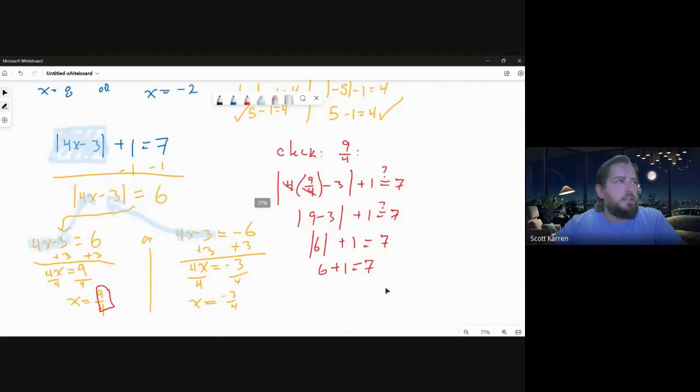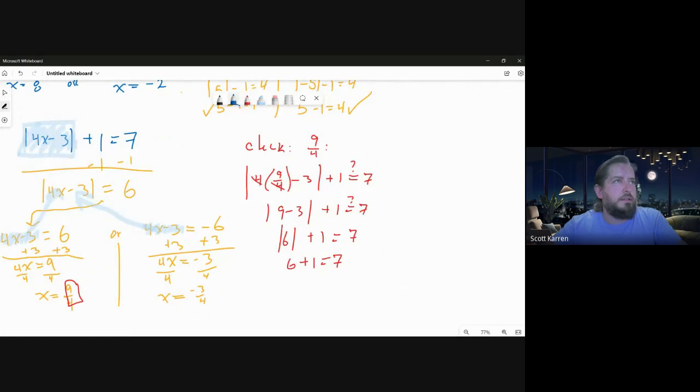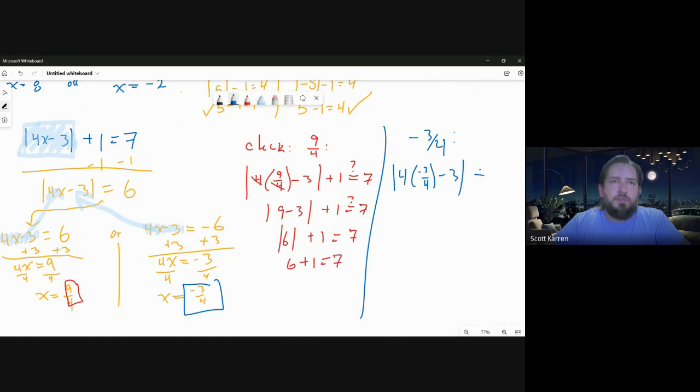So I will check now negative 3/4. Well, that gives us the absolute value of 4 multiplied by negative 3 over 4, minus 3, plus 1 equals 7. And we're hoping it does. But the 4 again cancels with the 4 in the multiplication.